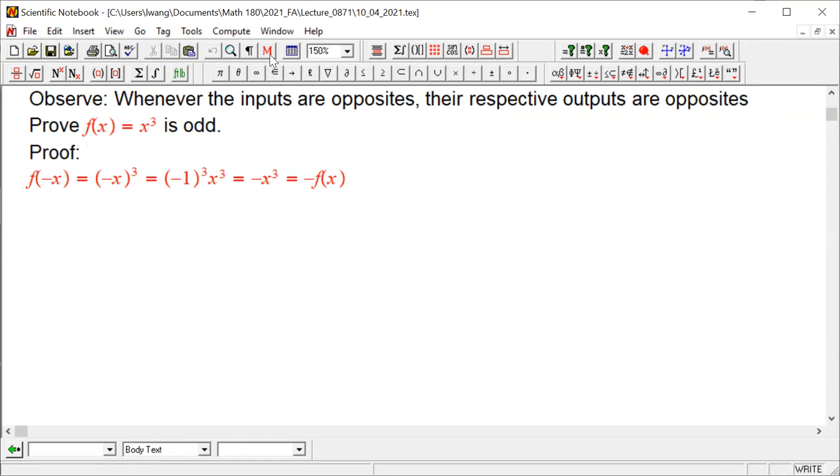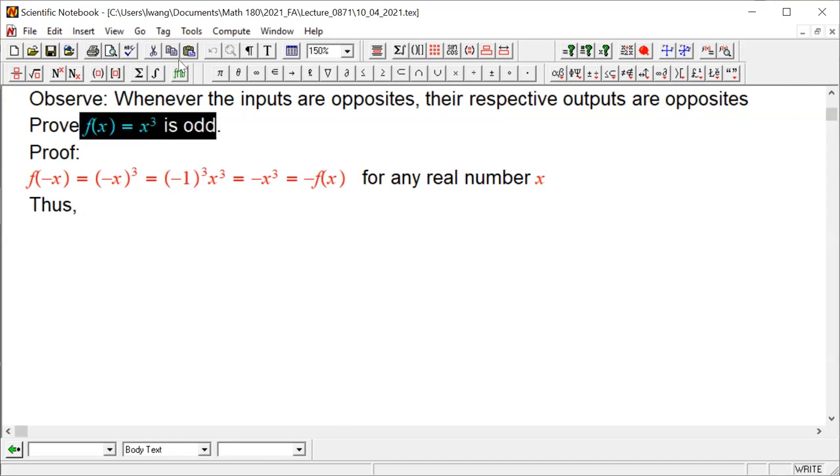And this is true for any real number x, and any real number x, of course, is the domain of f of x. Thus, f of x is odd. The whole thing I'm doing here is just to quote the definition.